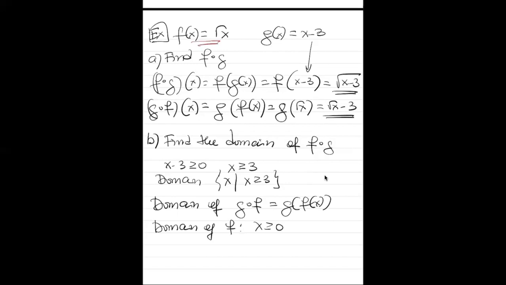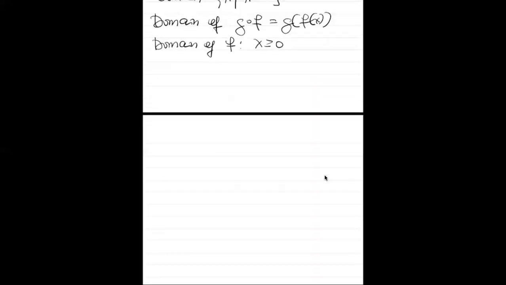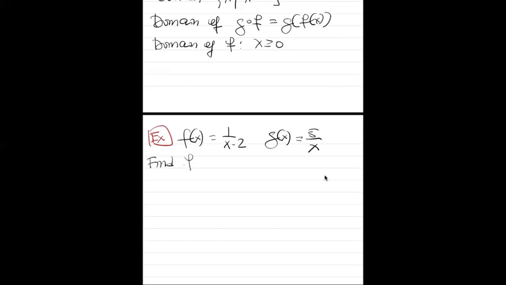All right, so one more example. We have f of x equals 1 over x minus 2, and g of x equals 5 over x. Both of them are rational. Find the composition of f and g, and their domain.